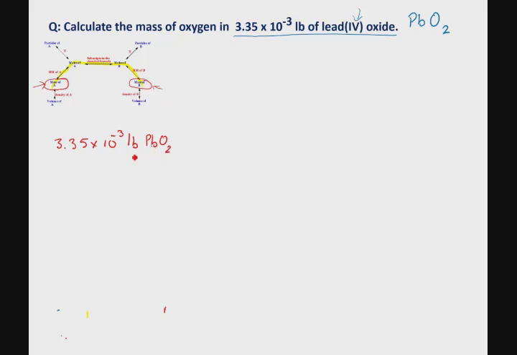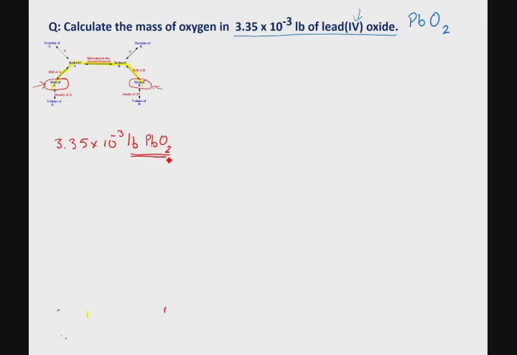Please write down all the labels. PbO2 is important here because you'll be shuttling between PbO2 and O in PbO2, so you have to be very careful of your labels. Now please remember that in order to go from mass of PbO2 to moles of PbO2, you need the molar mass of PbO2.